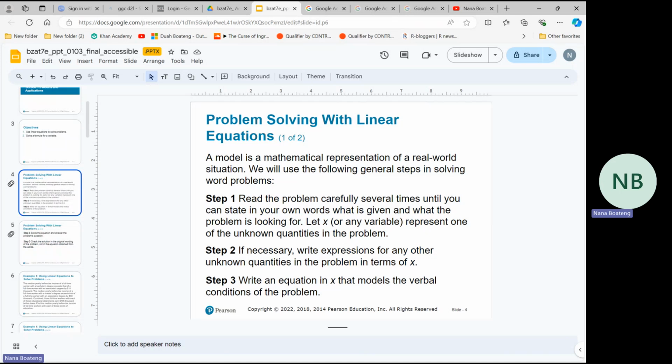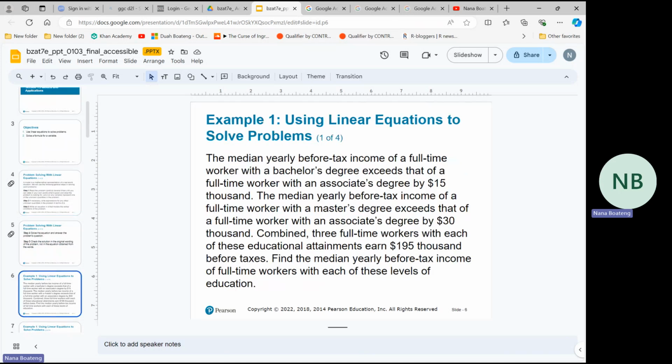For example, let's move on to the first example. It says the median yearly before tax income of a full-time worker with a bachelor's degree exceeds that of a full-time worker with an associate's degree by $15,000.